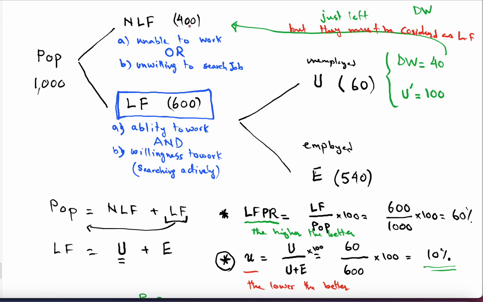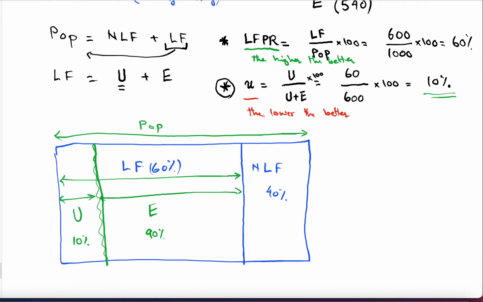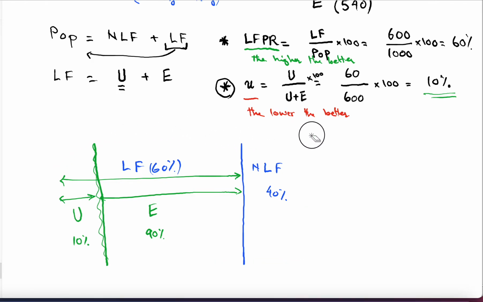So if we give back that 40, this is going to be in fact 360, and this is going to become 640. So the true unemployment rate would be this divided by 640. If you want to calculate the true unemployment rate, let me wipe this Venn diagram.